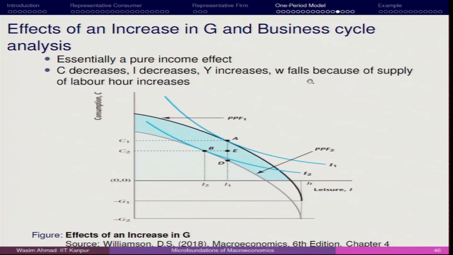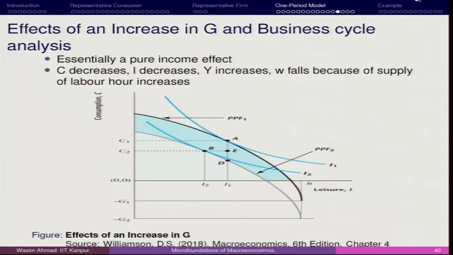So, N and Y are procyclical. The countercyclical variable is consumption. So, when you have a government expenditure increase, it is most likely to have tax implications, and this tax implication forces the individual to work for more hours.